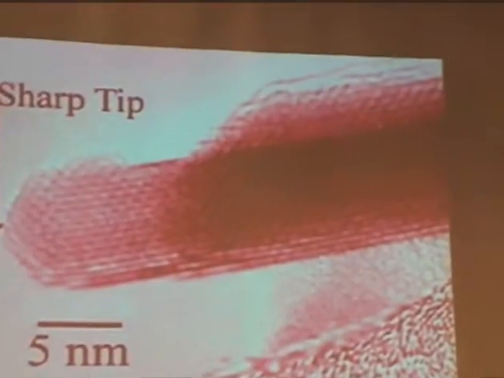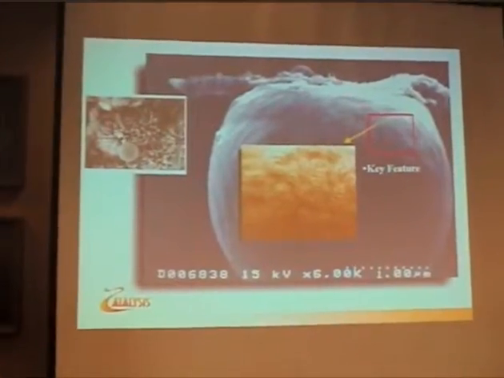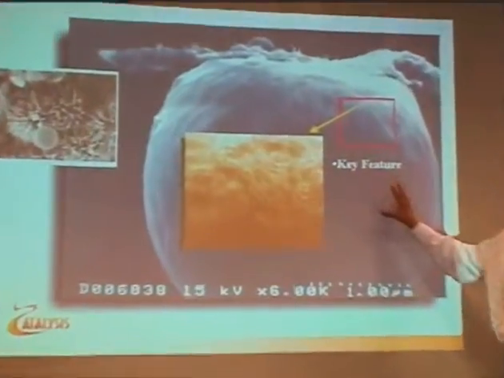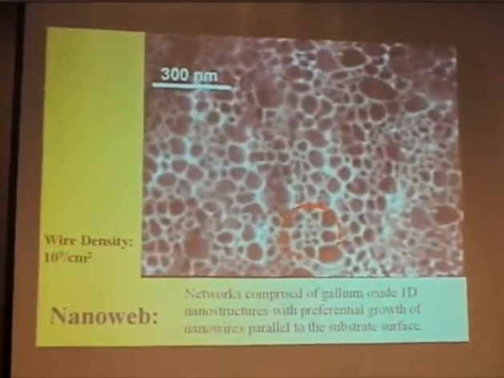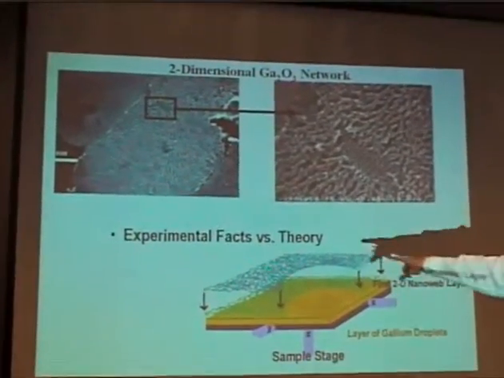That's why we approached Eric and said, we're in the catalysis area, are very interested in this model. And even on an almost 2D system like this droplet, there are key features that we're interested in trying to further identify the depths and structures. Webs is another area where we would like to see this model being applied. And if you can see here, this is experimental facts versus theory.